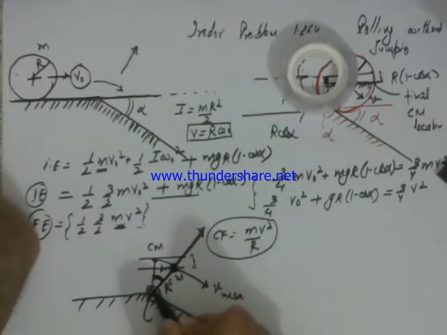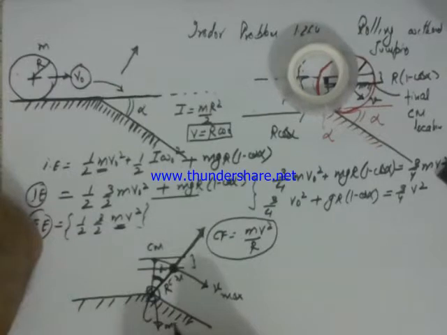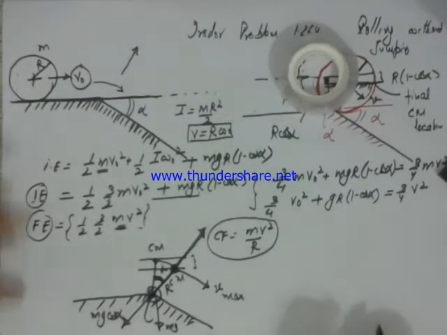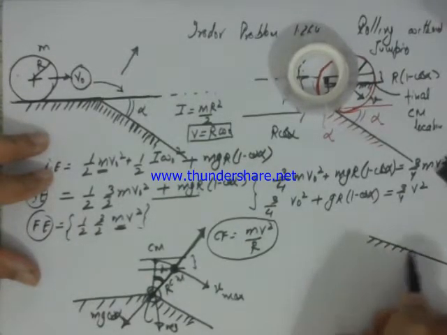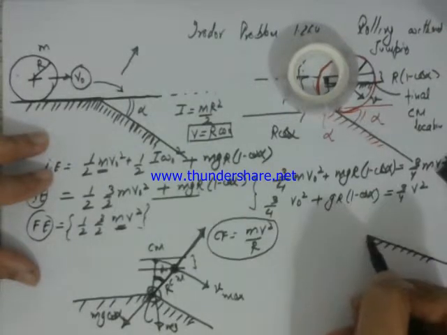And the weight is mg downwards, and if you take the component along this, it will be mg cos alpha. So we are now looking at the body on the inclined plane, which has just rolled over at this point of contact.